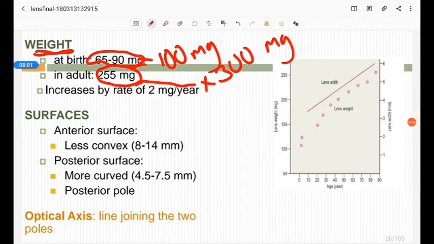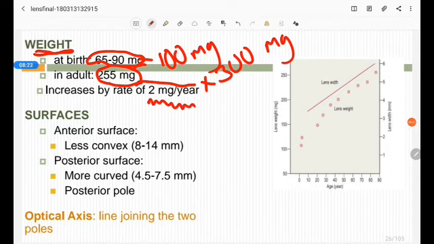You don't have to remember it precisely as 65 or 90. Just remember it's around 100 at birth and a maximum of around 300 milligrams in adults. The rate of increase in weight is around 2 milligrams every year.